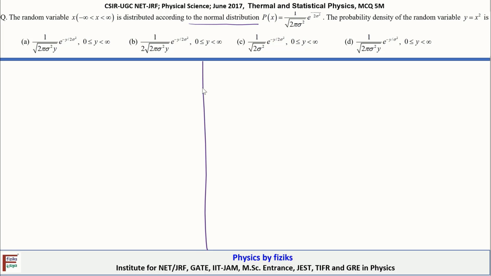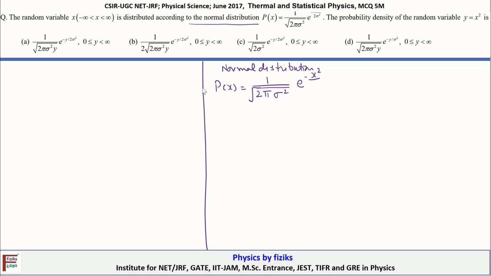So we are given the normal distribution, which is p(x) equal to 1 upon under root 2 pi sigma square, and then exponential minus x square upon 2 sigma square.